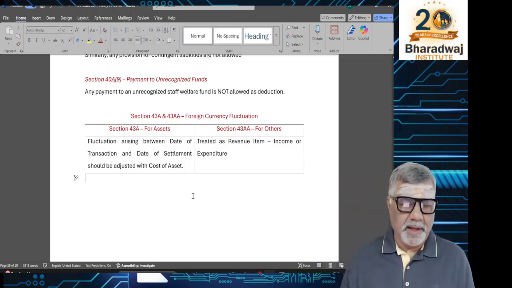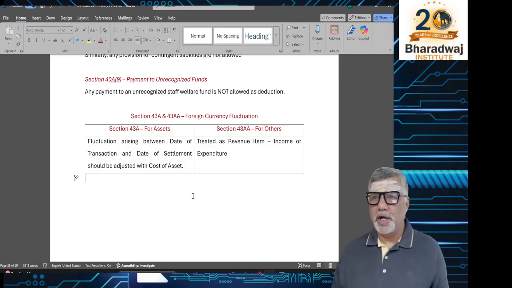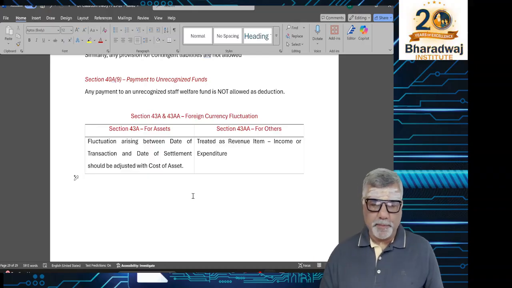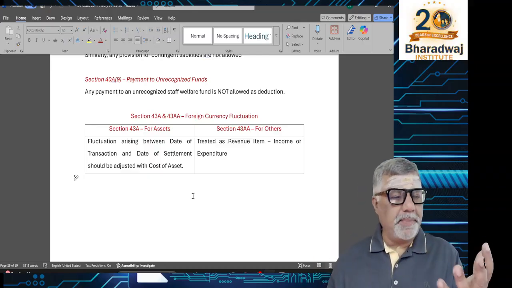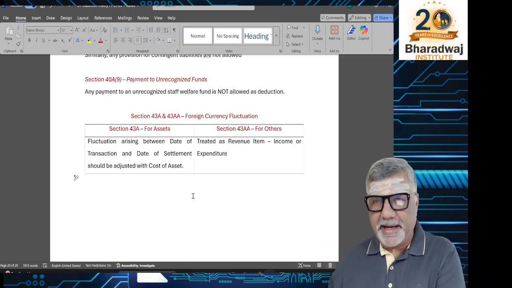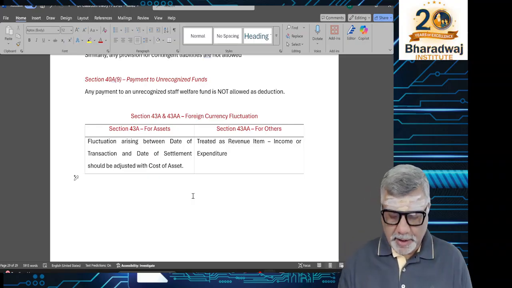The next is the major section, that is 43B, which speaks about statutory dues. Let me split it into two. The MSME segment, let me take it separately. First, the statutory dues.